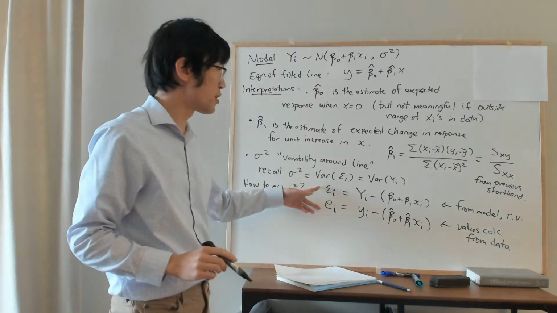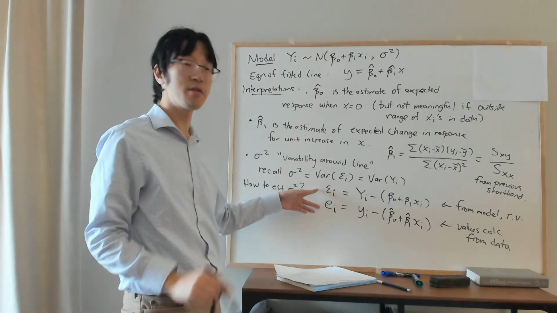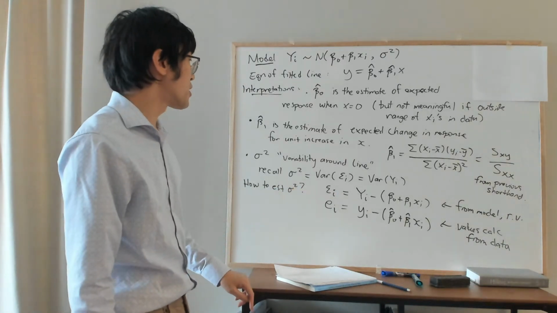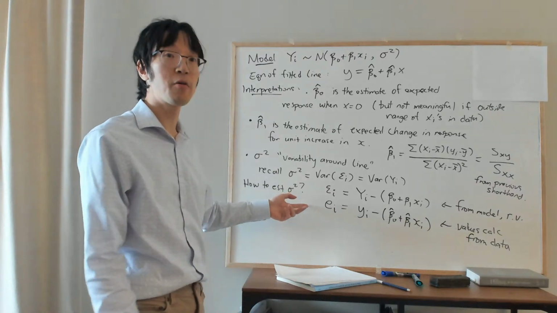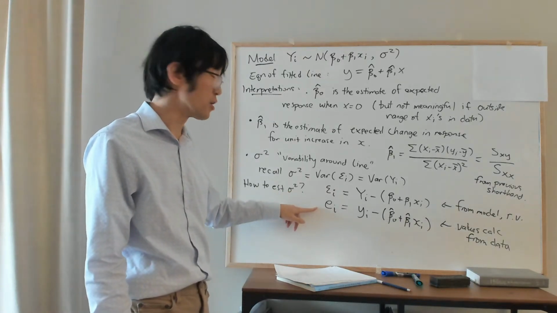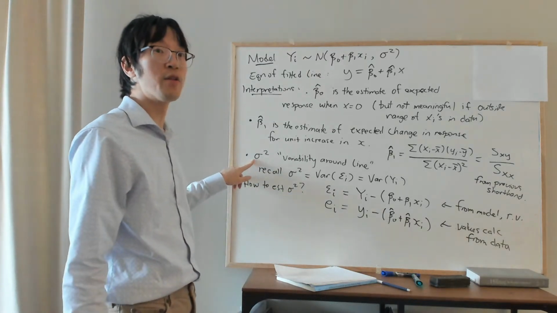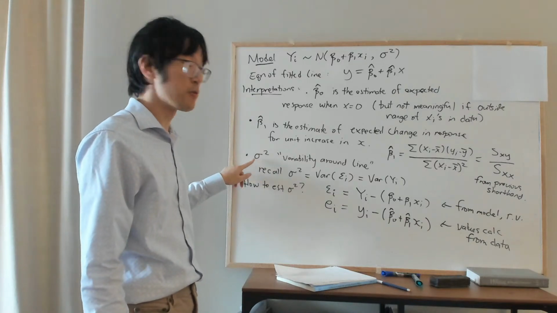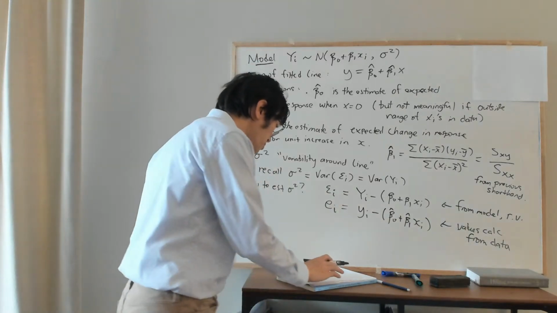We want to write these side by side so you can see the difference. Now we need to use what we can calculate. We're going to use the ei's to estimate the unknown variability around the line, sigma squared.